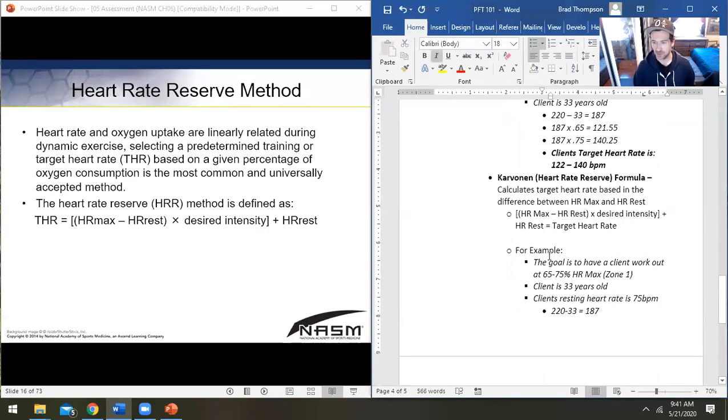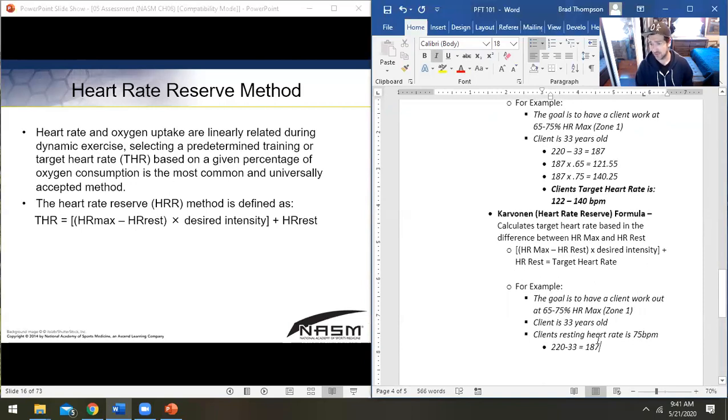So let's go back to our client here. Until now, everything's the same, right? 187, 187. But now I have to subtract that resting heart rate. So 220 minus 33 equals 187.